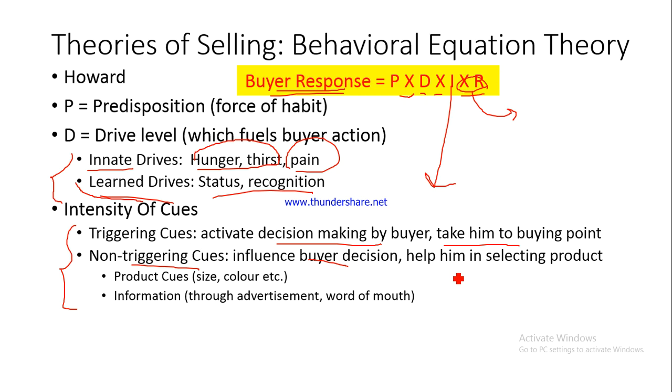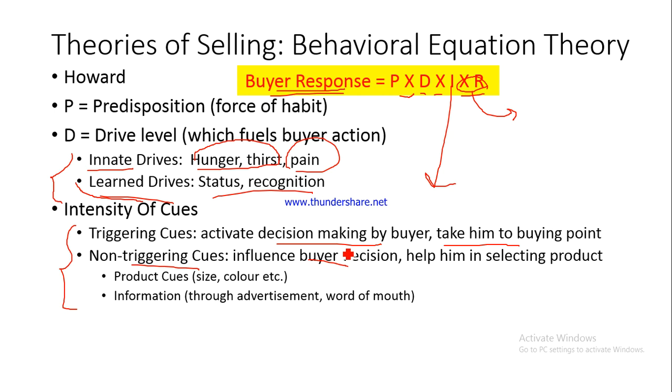But when you go to the shop, you find samosas, burgers, aloo tikkis and so many other products. Then you have to take a call whether you are going to have a burger or a samosa. Now this will depend on the packaging of the samosas and the burgers. If you find the packaging of the samosas more attractive, probably you are going to have the samosa.